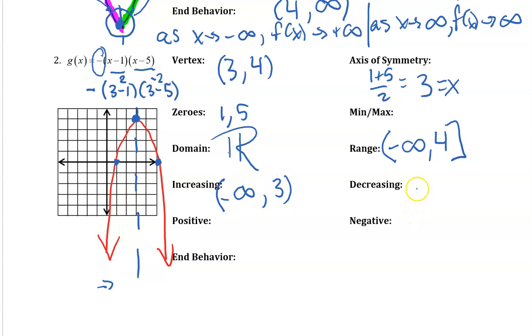It is decreasing from where x equals 3 to positive infinity. At 3, it is neither increasing nor decreasing. It is a max. It is positive from 1 to 5. My other 0.